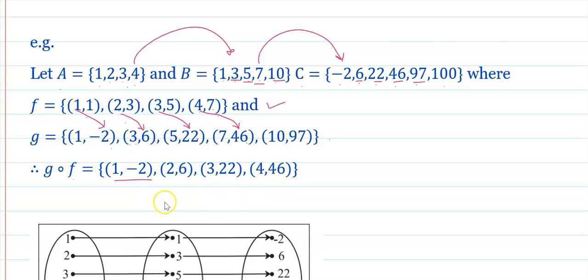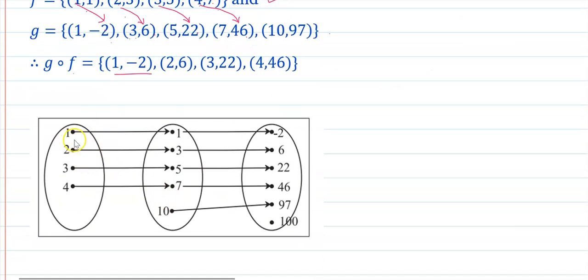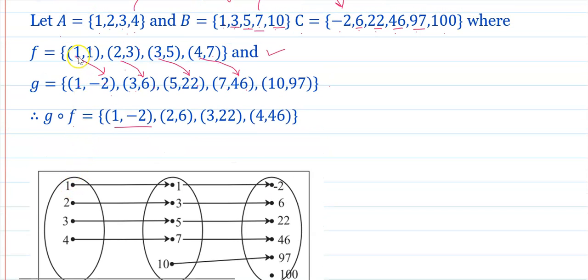Okay, now see this here. You can see this in the diagram: this is the set A, set B, and the set C. The image of 1 is 1, and the image of 1 is -2. The image of 2 is 3, and the image of 3 is 6. Sorry, the image of 3 is 5, and the image of 5 is 22.